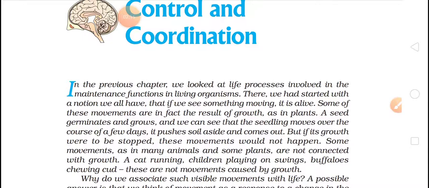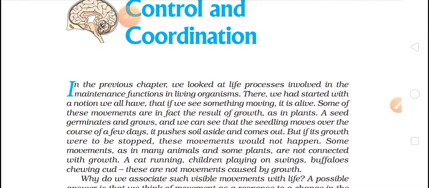In the previous chapter, we looked at life processes involved in the maintenance function in living organisms. There we started with a notion we all have, that if we see something moving, it is alive.